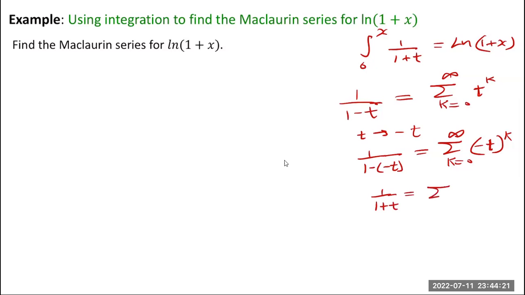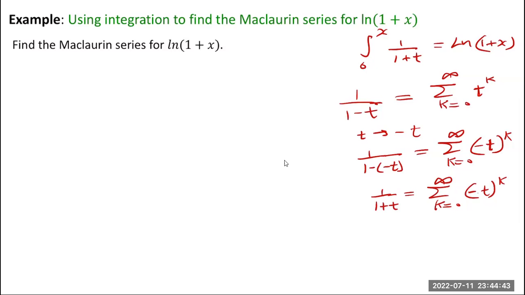That is equal to sigma k goes from 0 to infinity of (minus t) to the power k, or you can write minus 1 to the power k times t to the power k, by applying the kth power to each term, minus 1 and t. All right, now what is the interval of convergence for this one?